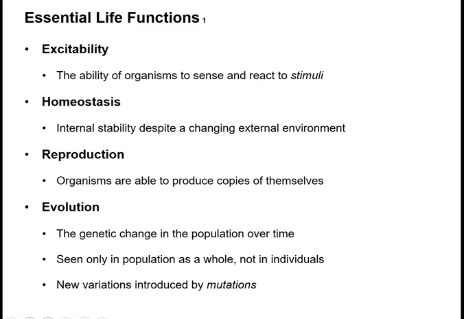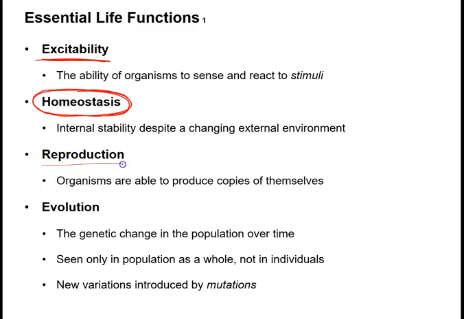Continuing with our essential life functions, cells in your body are excitable. Excitable means that the cells are able to sense a change in the environment and respond to that particular stimulus. This term, homeostasis, is very important, and we're going to spend a good bit of time on the term homeostasis in just a moment.